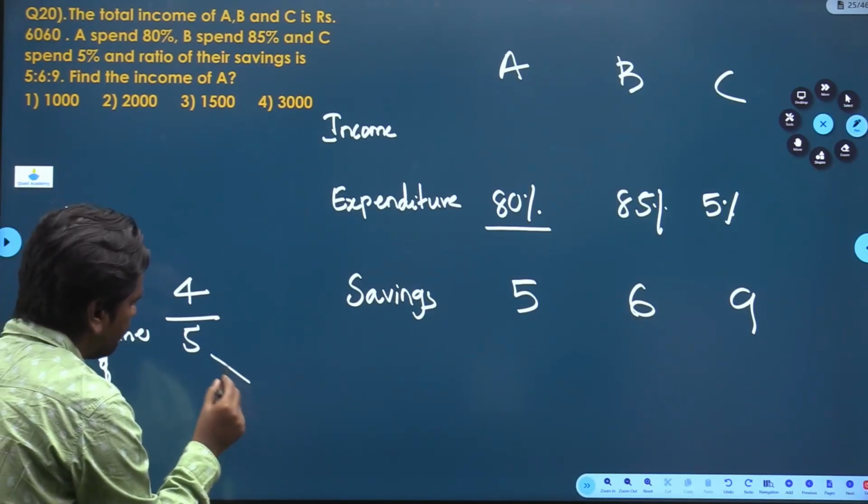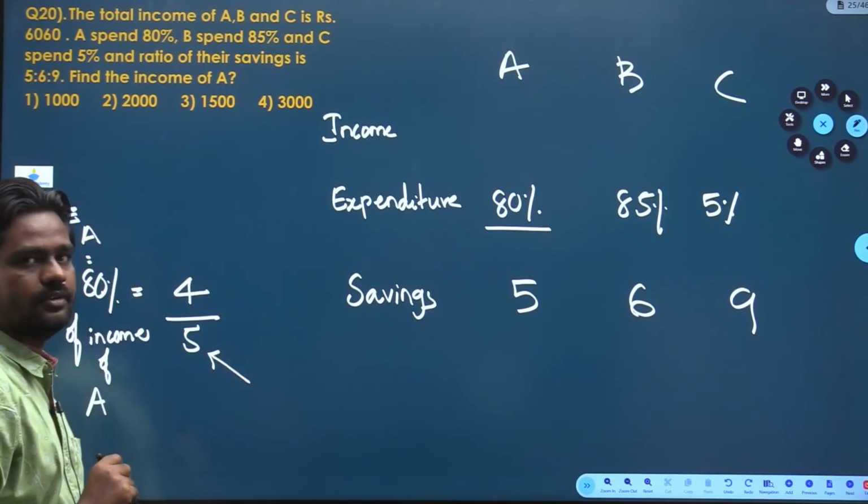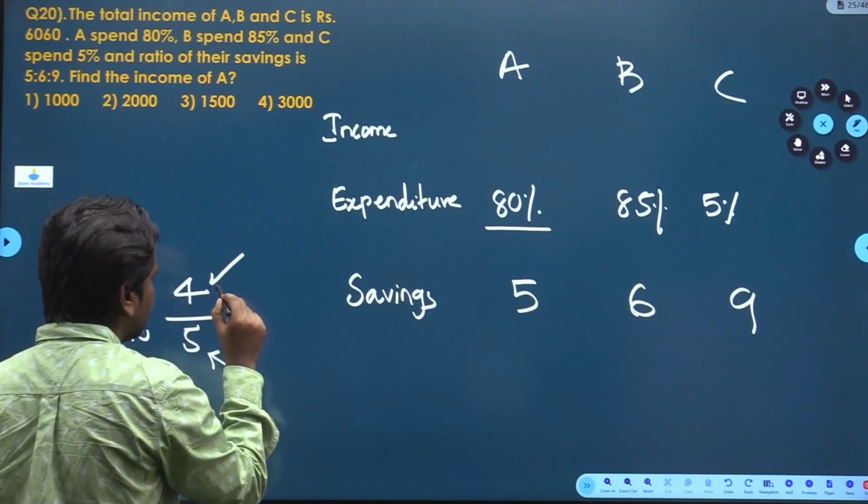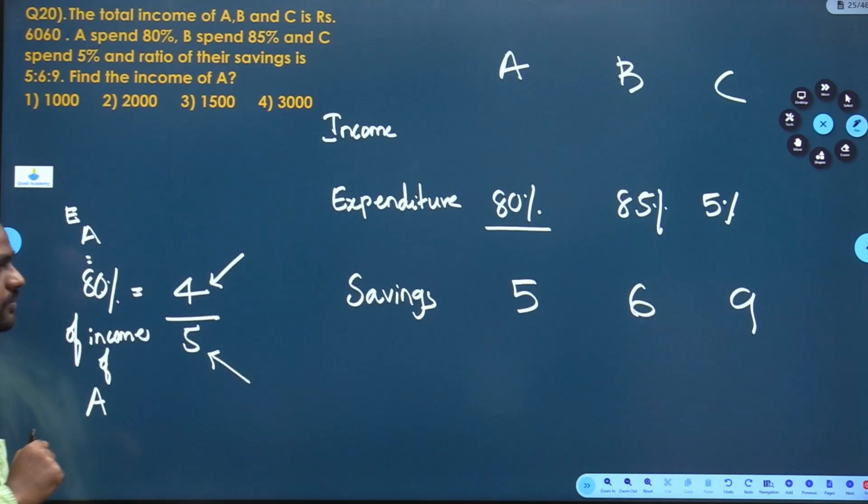So if the income of A is 5 units, the expenditure is 4 units.